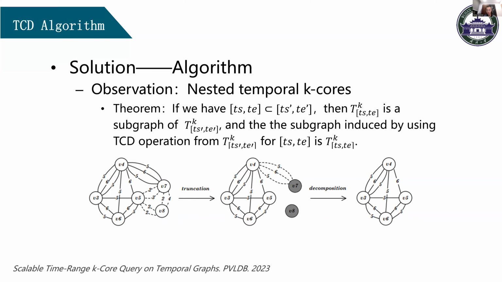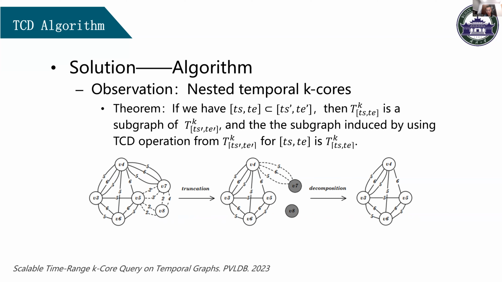And in the second step, the decomposition will peel V7 and V8, since their degree is no longer larger than or equal to 2. And finally, the remaining graph is the temporal 2-core over 5 and 6.